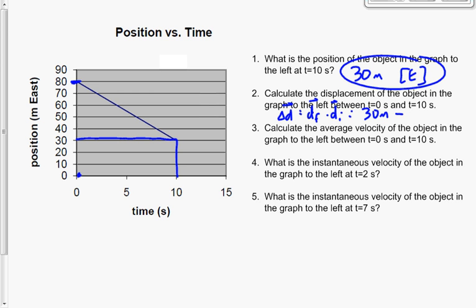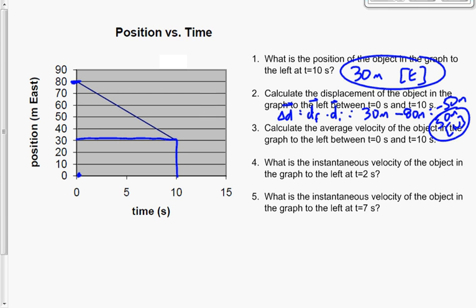So 30 meters minus 80 meters is negative 50 meters. Or what else could you say besides negative 50 meters? Negative 50 meters is fine, but what else would also be correct? 50 meters to the west, right? Either one of those would be fine.